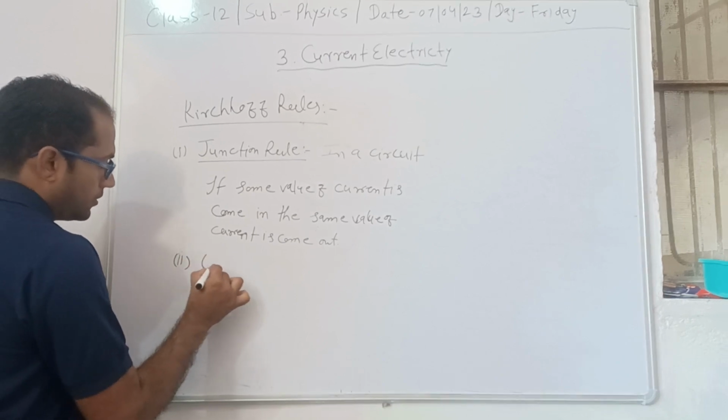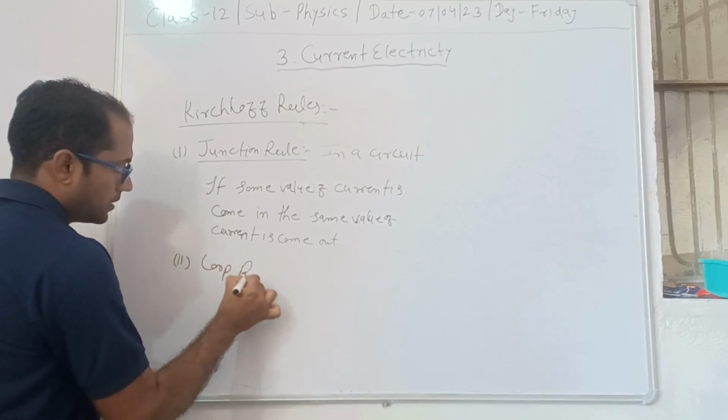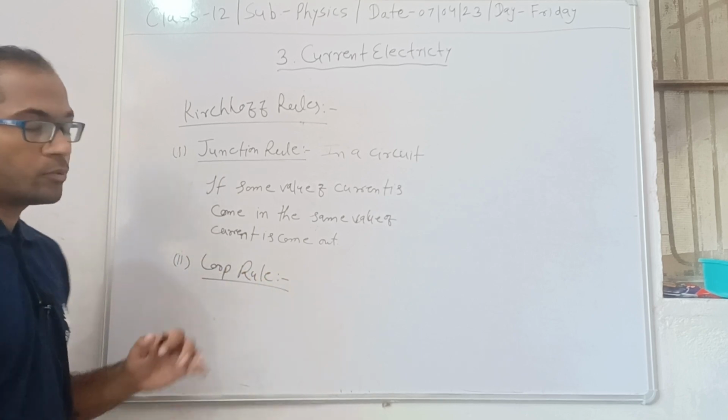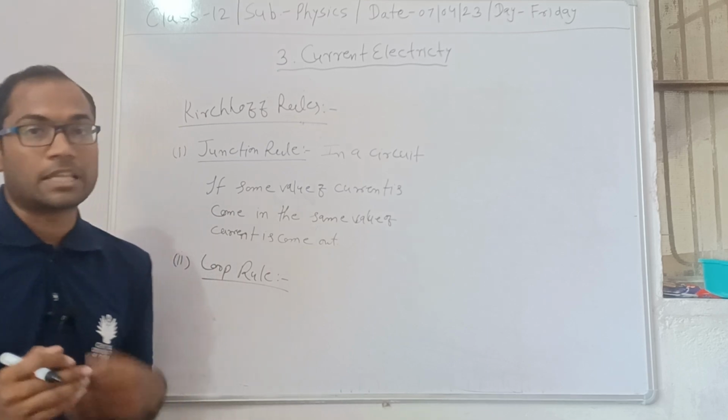Second is Kirchhoff's loop rule. The loop rule is related to potential.